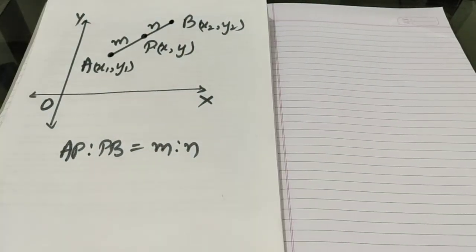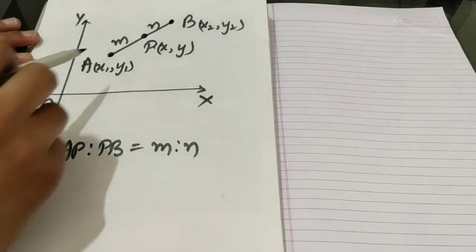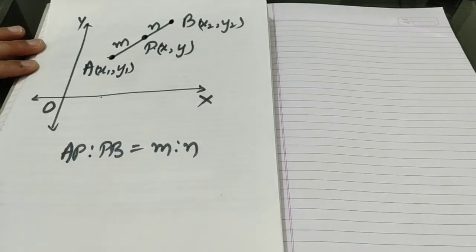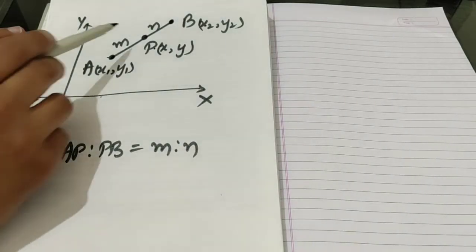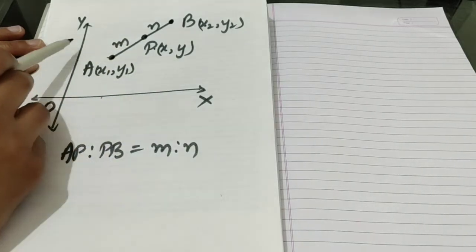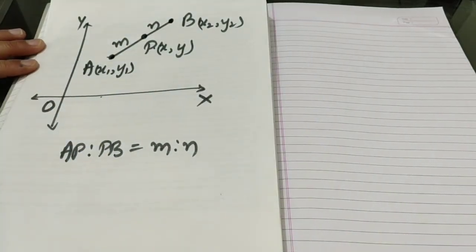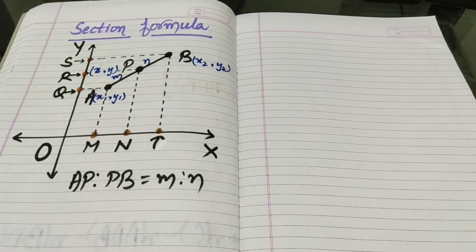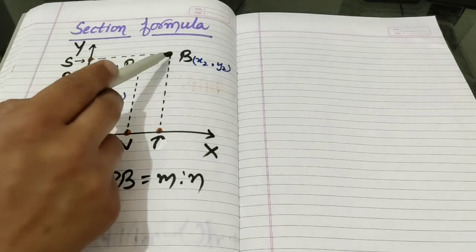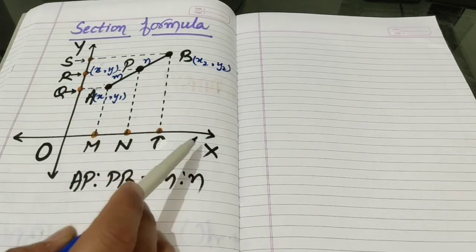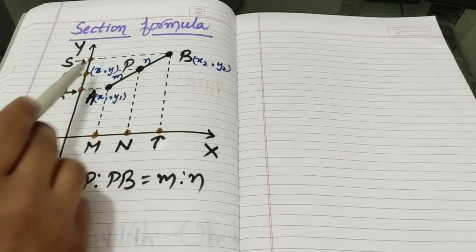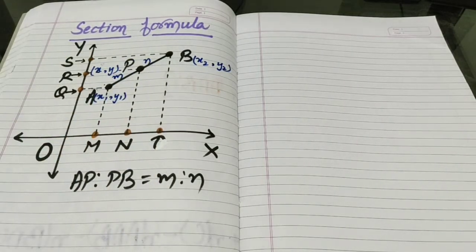Now to proceed further, we will draw perpendiculars from point A to the x-axis and to the y-axis. In the same way, we draw perpendiculars from point P and from point B to the x-axis as well as to the y-axis. Let the perpendiculars be AM, PN and BT perpendicular to the x-axis and AQ, PR and BS perpendicular to the y-axis.